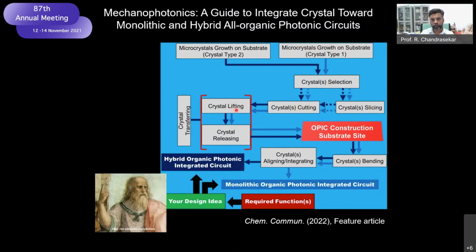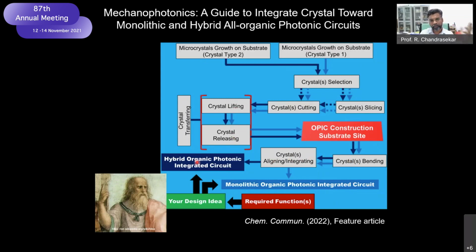If you don't want to do it, you lift it and release it at a substrate where you want to construct a PIC. So once you release the crystal on the substrate site, then you start bending it, and aligning and integration can be done.